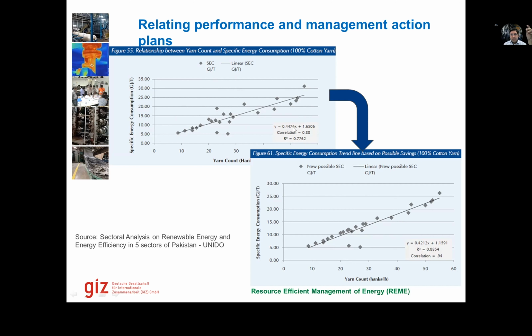And you can see that their old regression line and new regression line have different constant values now, because this is a target line. The earlier one was the actual current line. Similarly, we can do this internally for our company as well. So if we have a regression-based normalized indicator, we can put in savings there and use it for target setting as well.